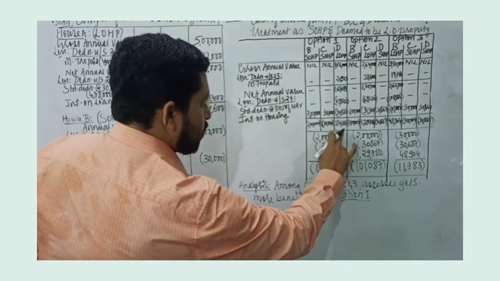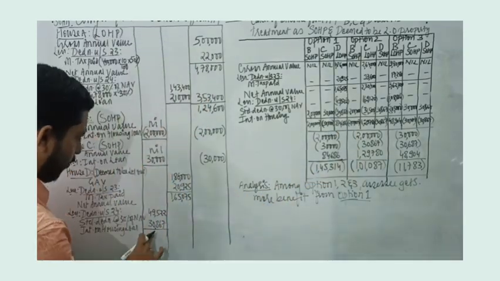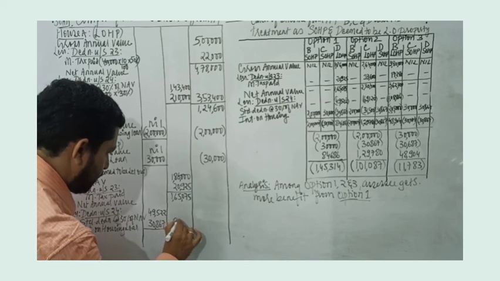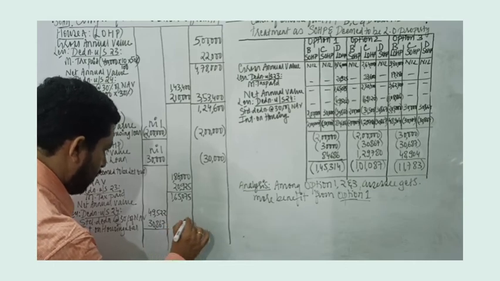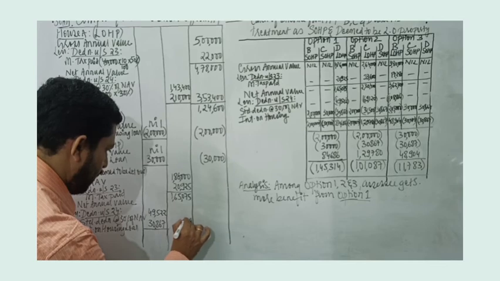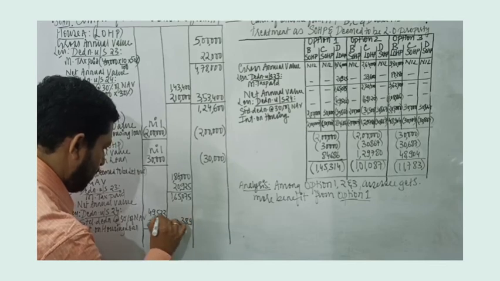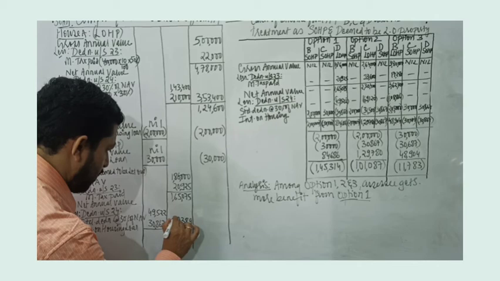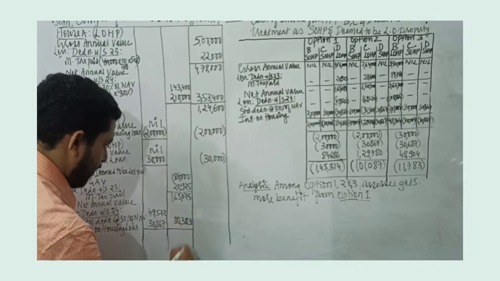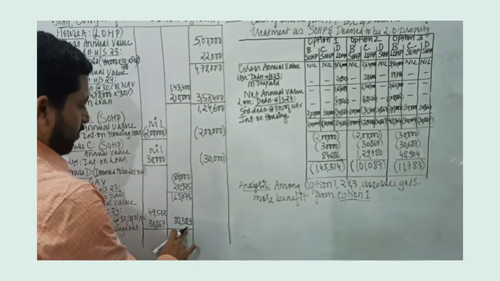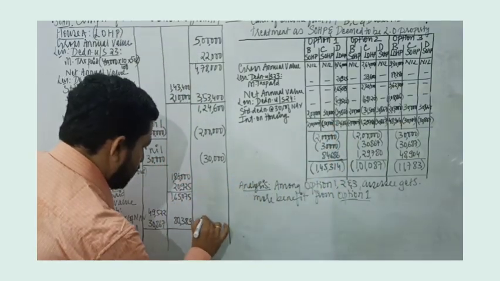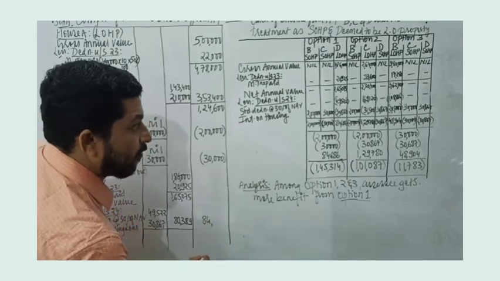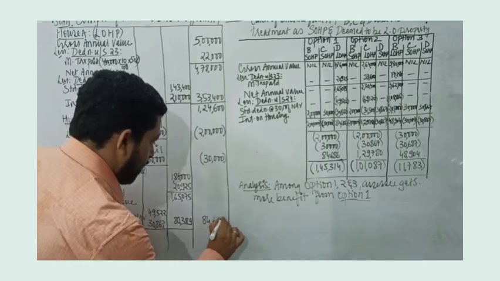80,389. And 1,65,075 minus 80,389 will give you 84,686, which is a positive value.